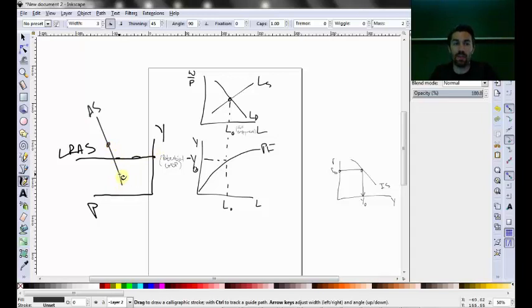I can move to a point over here and I can move to a point over here. So I can produce more than potential and I can produce less than potential. So the question is, how do we move to one of those 2 points? And why does that not change potential? We haven't answered that yet, but we will.